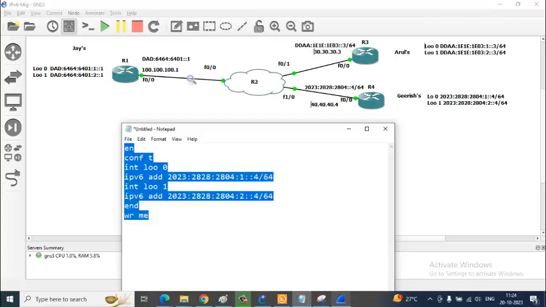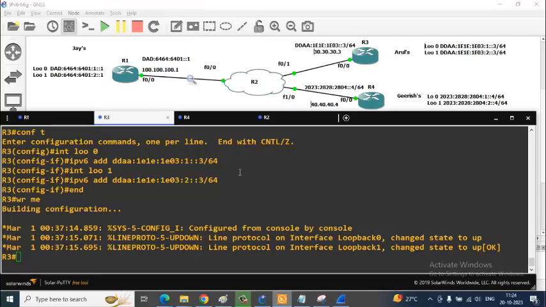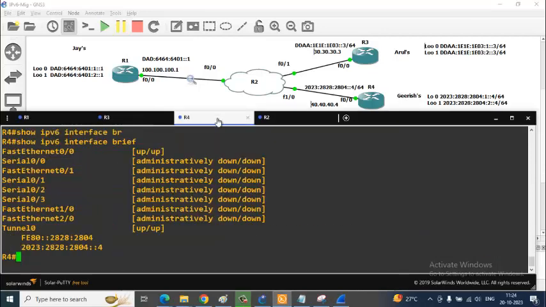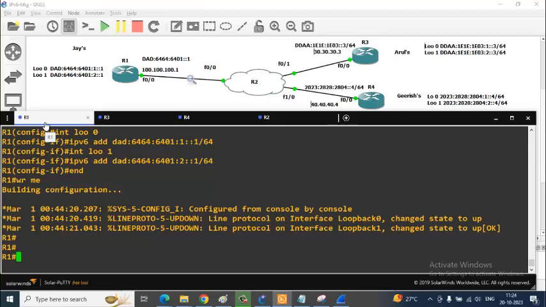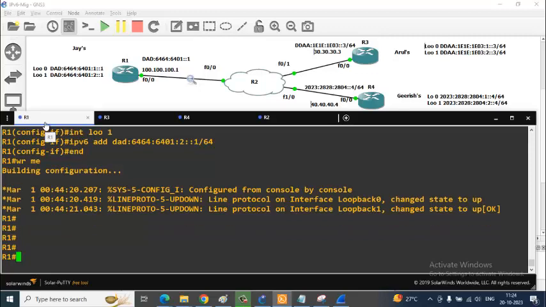This will go on router 4. Now if you see, you will be able to even reach the loopbacks which are inside the remote office.